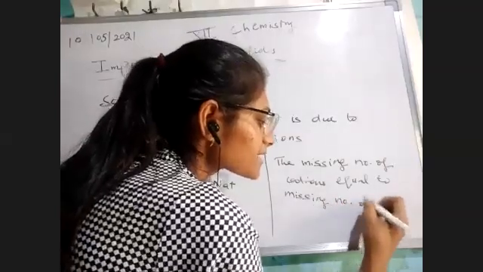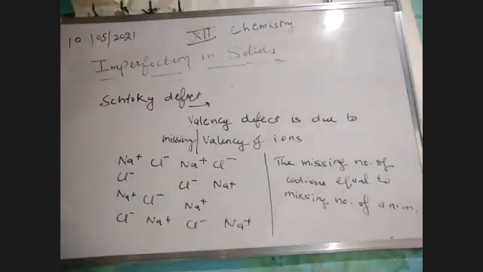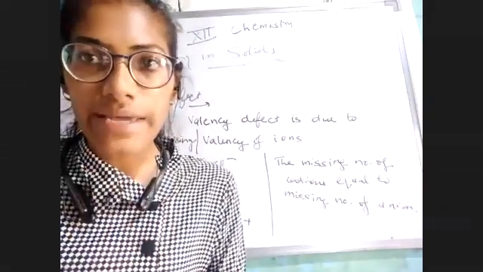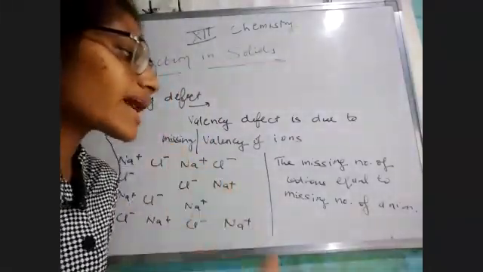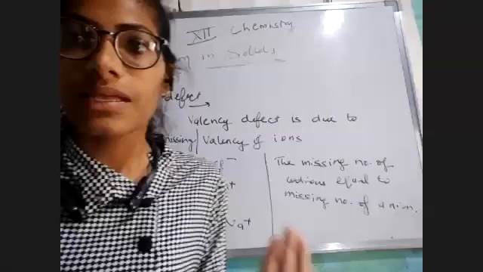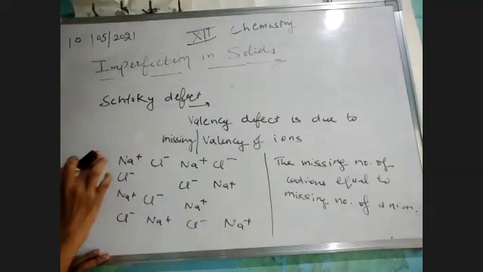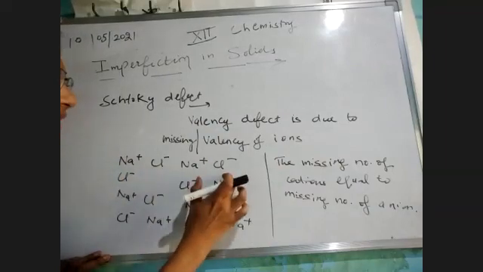Let me repeat it again. The Schottky defect is defined as the vacancy defect, which is due to missing of ions. And in this defect, the number of missing cations is equal to the number of missing anions. Let's say we have a crystal site over here. We have cation as well as anion, Na positive, Cl negative, Na positive, Cl negative.